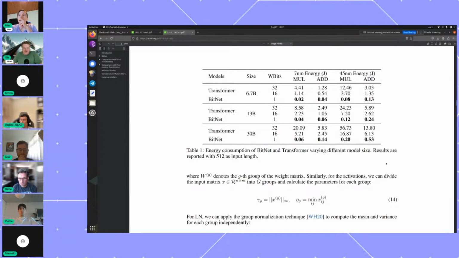And I've heard the same thing from folks who run LLMs on phones, that they're very interested in these types of models because they're so much more energy efficient.